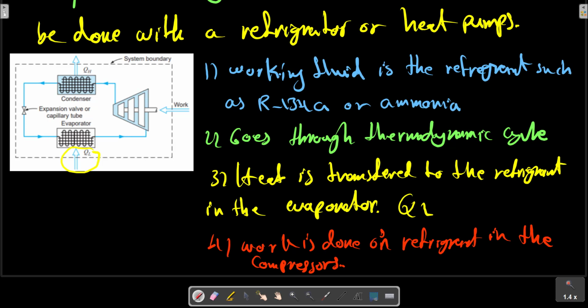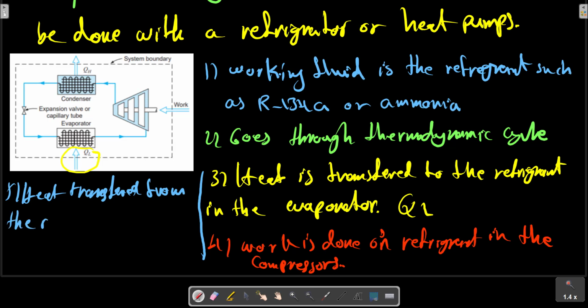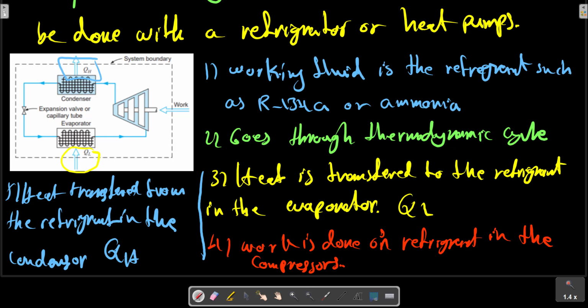And heat is transferred from it in the condenser, shown here, QH, where its pressure and temperature are high.